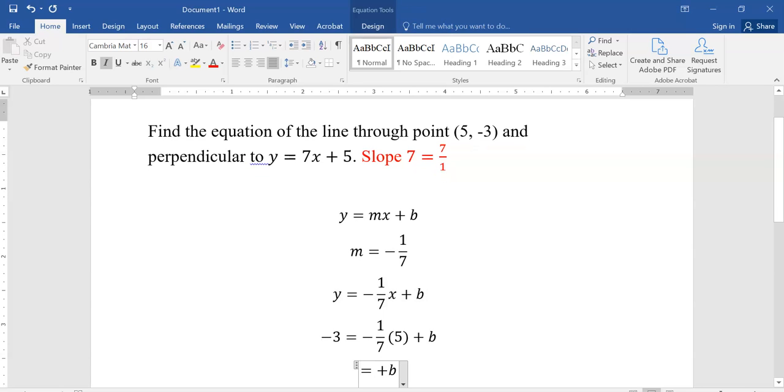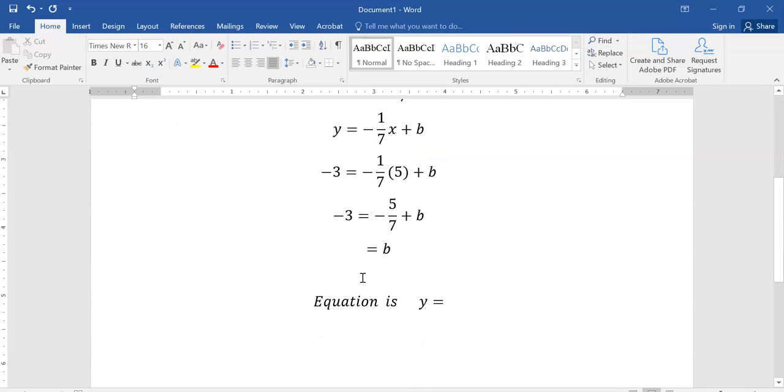Now, when you do that, you're going to get some messy fractions. That's okay. 1/7 times 5 is 5/7. So when you multiply -1/7 times 5, you get -5/7 as a fraction. We're going to add 5/7 to both sides. So when you add 5/7 to 3, you get, depending on how you want to write this, either -2 and 2/7 or -16/7.